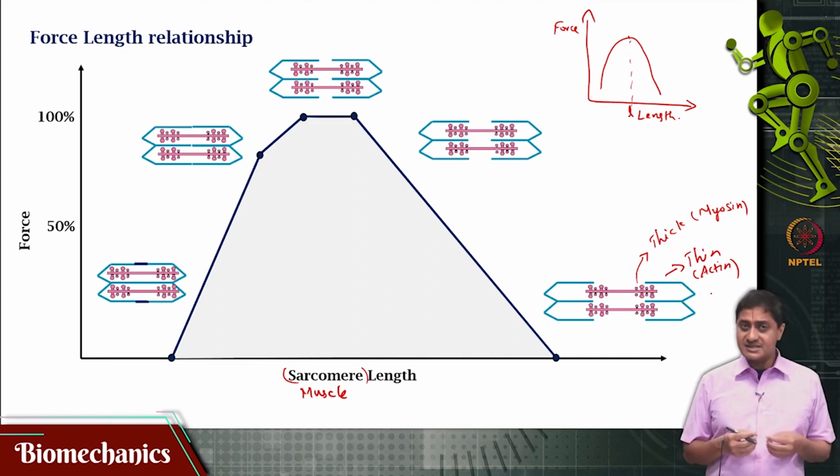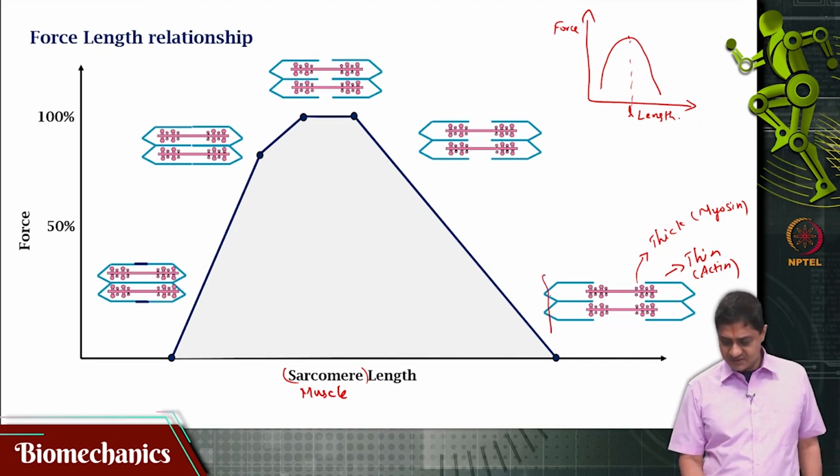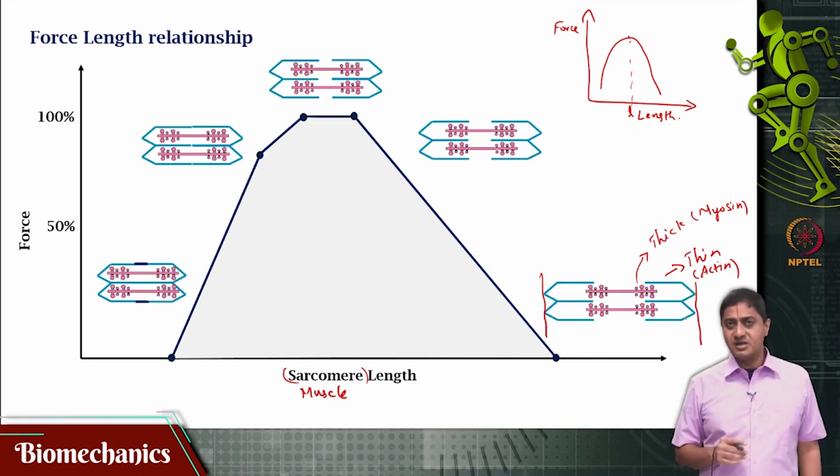When the muscle is stretched, when the muscle length is very high, the distance between the two Z discs, this is one Z disc, increases. The state of the sarcomere at some of these discrete points on this plot is shown in these diagrams.